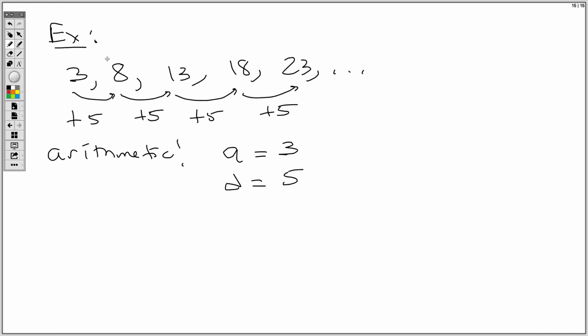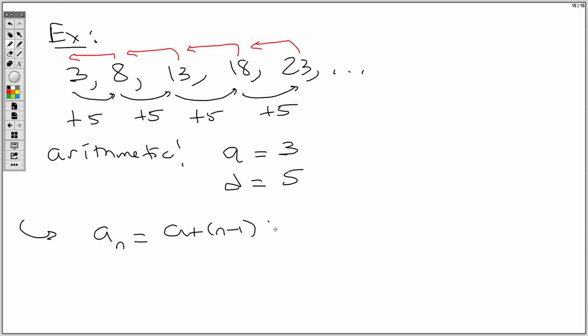Once again, 8 minus 3 is 5. 13 minus 8 is 5. 18 minus 13 is 5. 23 minus 18 is 5. And so I can put this together with my formula. A sub n equals a plus (n minus 1)d for n bigger than or equal to 1. A sub n is 3 plus (n minus 1) times 5.